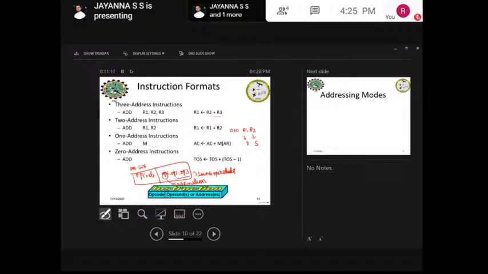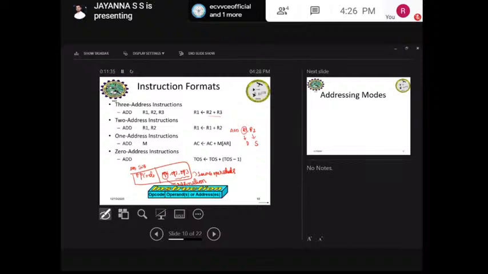When you consider a 2 operand instruction, after you perform any arithmetic or logical operation, the destination content gets updated. Initially, the destination contains one of the data required for the operation, but after you execute the 2 address instruction, the same destination gets updated with the result.